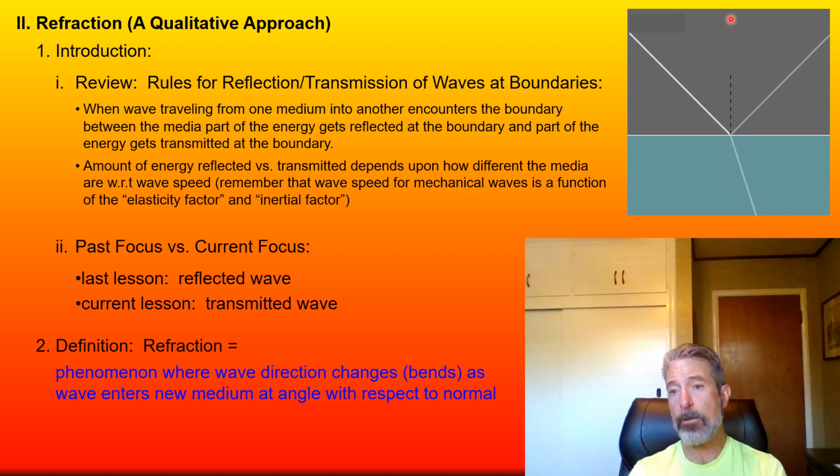All I'm saying here is that if the wave was to enter the medium right along the normal line, for that one special case where you have an incident angle of 0 degrees, then you would have no refraction. You would get no bending of the light when it enters a new medium. For all other angles, you will find, as you see in this simulation here, that that light ray is going to bend as it enters a new medium.